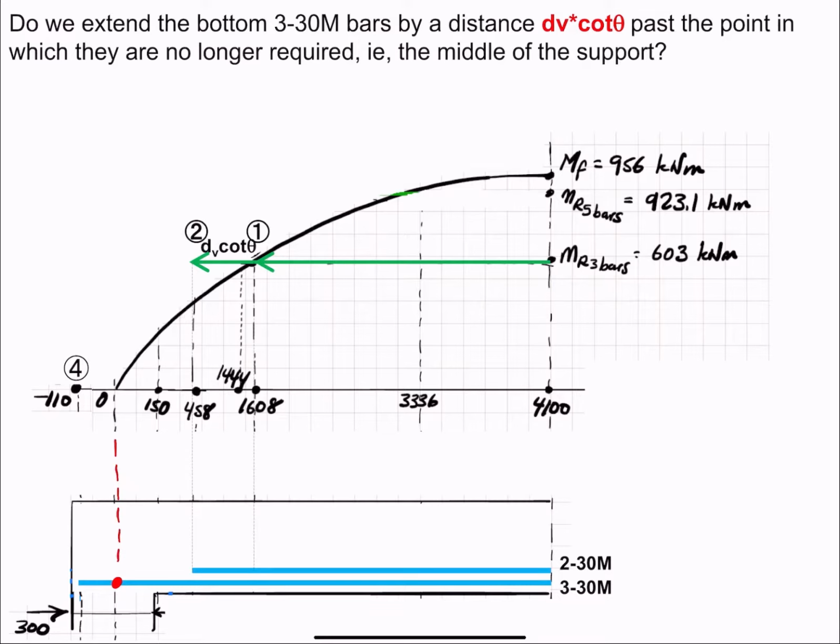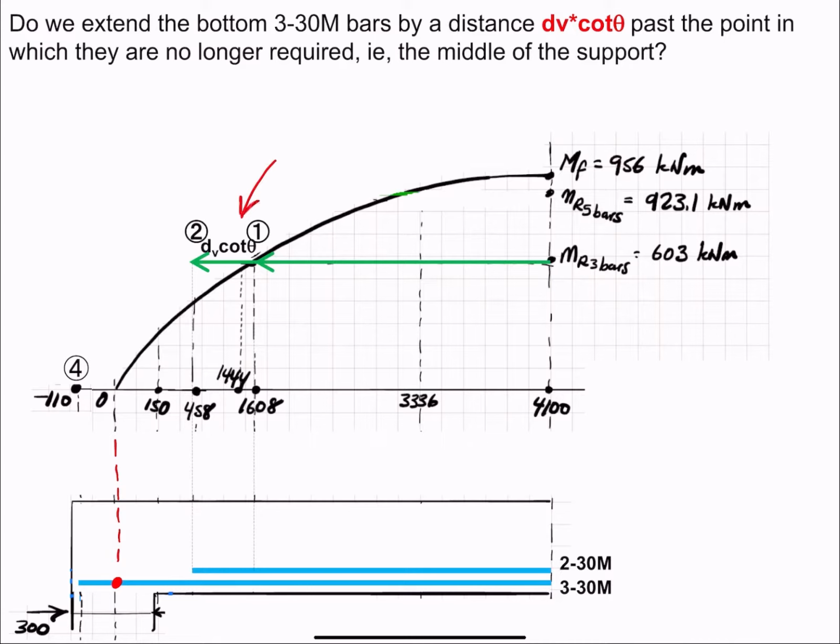And then you may remember, oh Carlos, didn't you say that we have to extend the reinforcement past the point in which we need it for flexure? We need to extend by d cotangent of theta, the same way that we extended the 230s here.